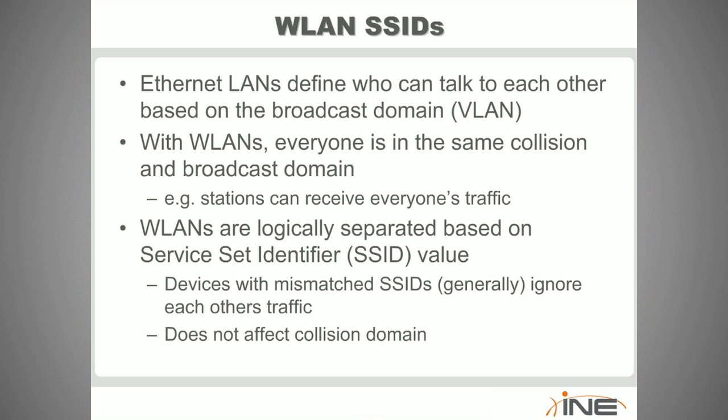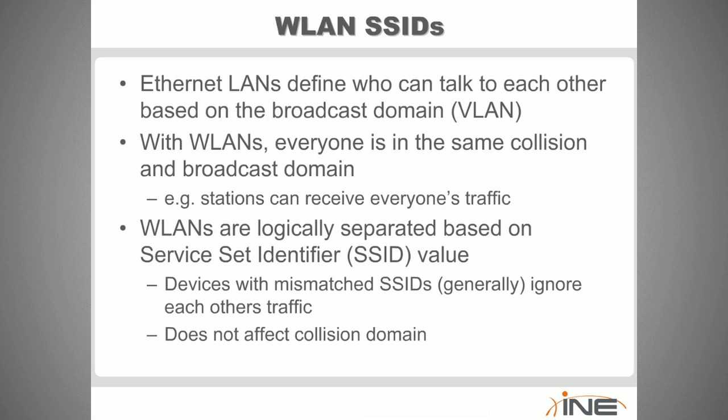But with wireless, technically everybody is in the same broadcast domain. So if I set up a network at my office, Brian McGann Wireless Network, and there's some next door neighbor that also has wireless, there's nothing stopping him from grabbing my frames out of the air or vice versa. Because we're all in the same broadcast domain, we're all in the same collision domain.